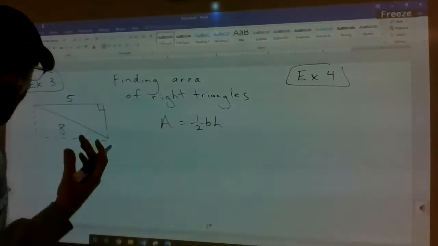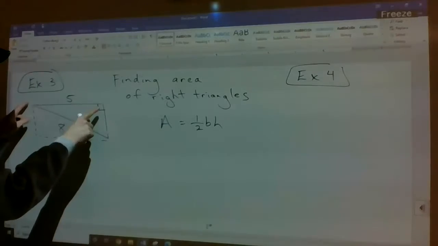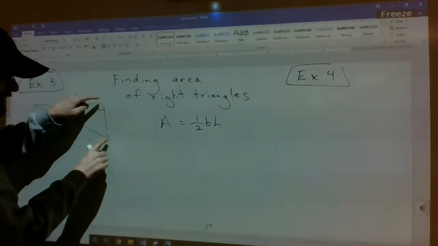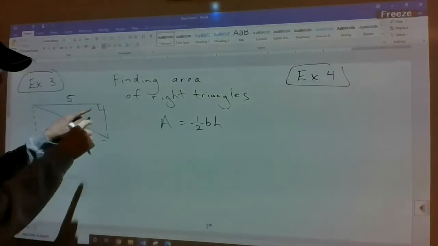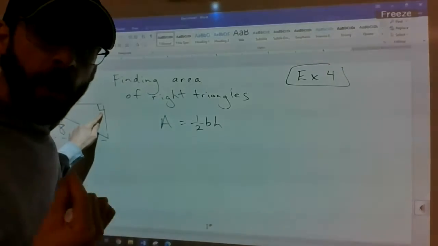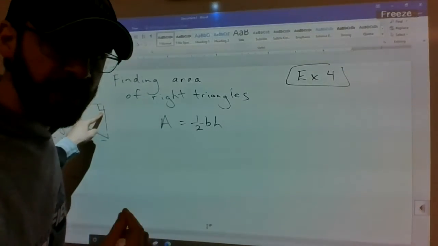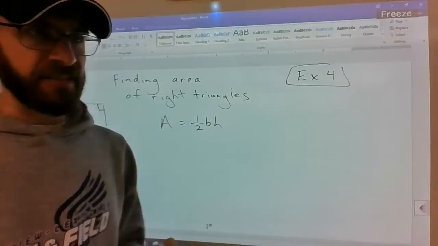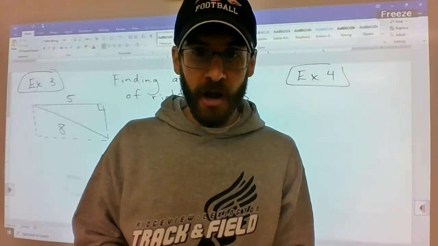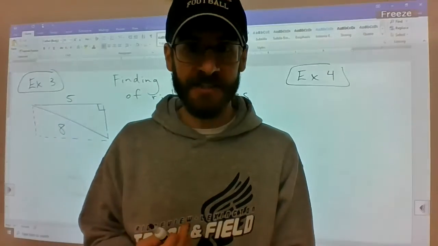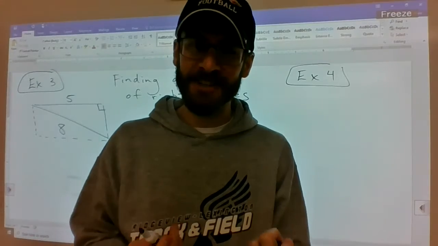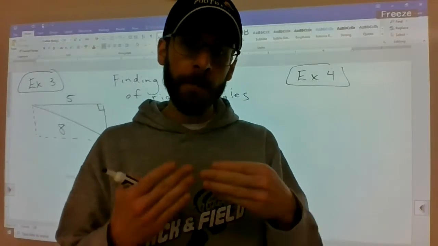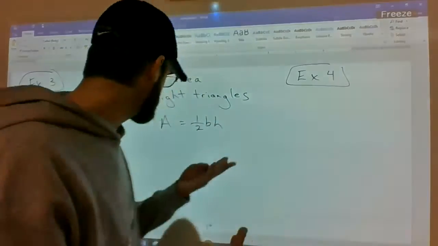It's going to be a whole lot easier to say, let's just make this the base so that this one is automatically the height. The right angle is what tells you what connects the base to the height. All right? It's kind of like the base and the height of a triangle are perpendicular bisectors. I almost said bicycles. Bisectors. They form right angles when they connect.